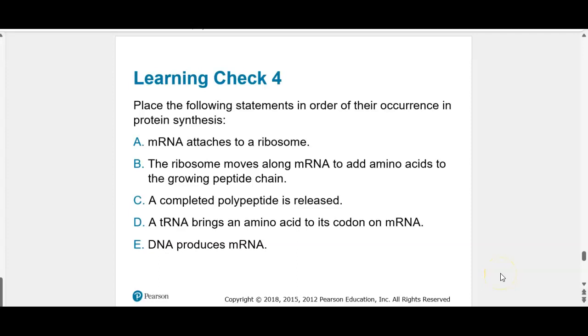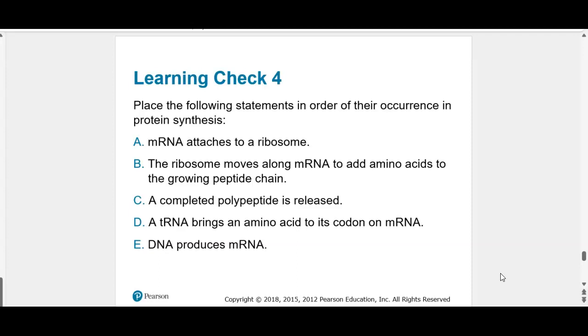Go through it a few times. These diagrams are pretty complicated because these are big molecules, and drawing them in a representative form can be kind of complicated. But the basic process, no matter how large the protein is going to be, is pretty much the same. You're going to get the DNA, you're going to have messenger RNA attached to the ribosome, and you're going to start adding amino acids, hit a stop codon, gone.